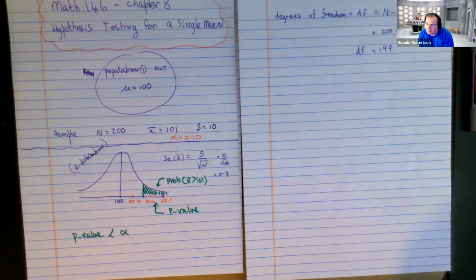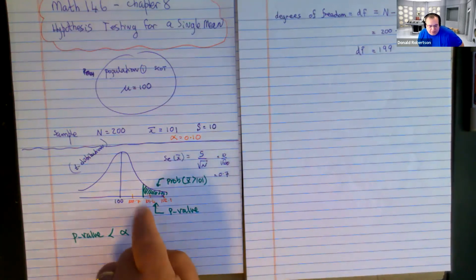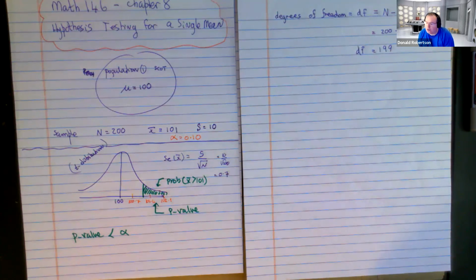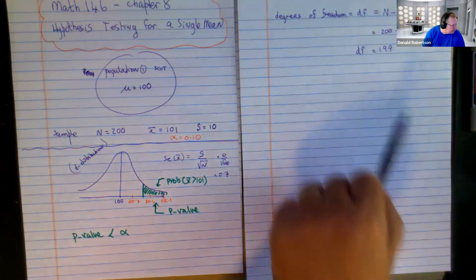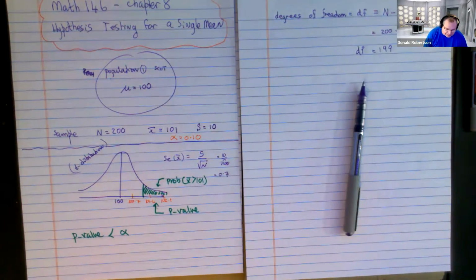So if your population is skewed left or skewed right or has something wrong with it, the Student T distribution copes with that. And this little degrees of freedom is just part of that process.